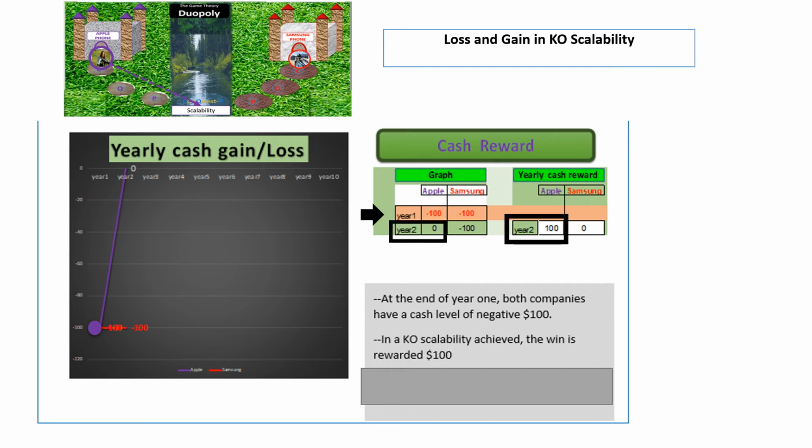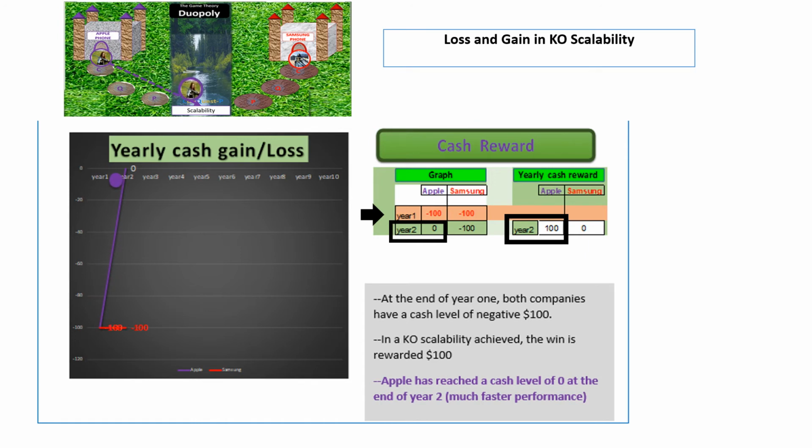In a knockout scalability achieved, the win is rewarded 100,000. Apple has reached a cash level of 0 at the end of year 2, which is a much faster performance. So instead of 3 years, the knockout scalability is achieved in only 2 years.